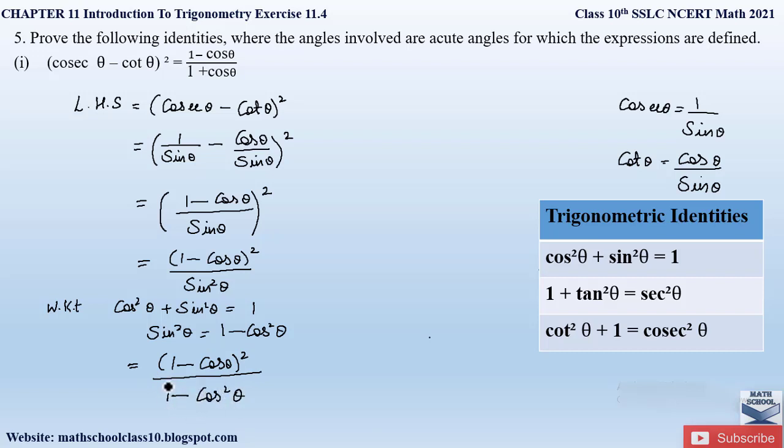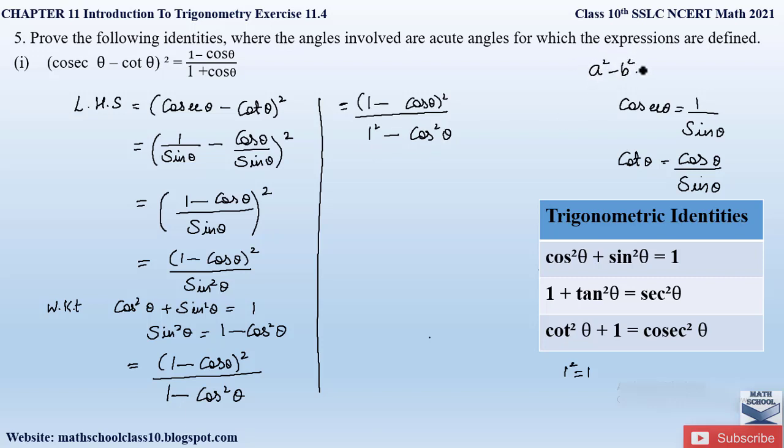In the denominator, 1 can also be written as 1 square because 1 square is equal to 1, right? So the numerator remains as it is, 1 minus cos theta the whole square, whereas in the denominator, instead of 1 we write 1 square minus cos square theta. Here you can observe that the denominator is of the form a square minus b square, which can be written as a plus b into a minus b.